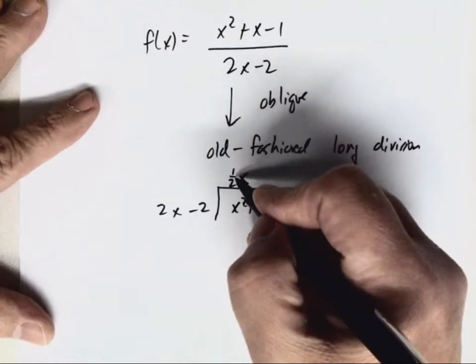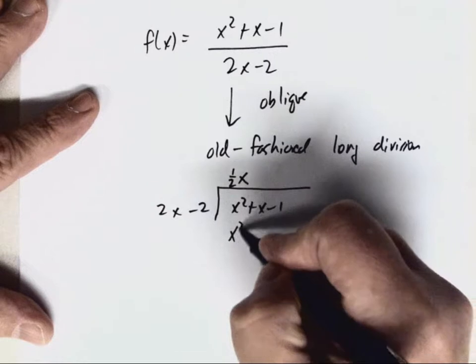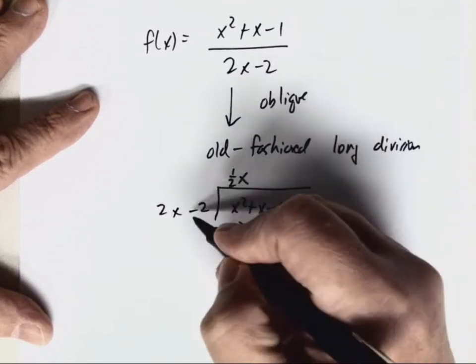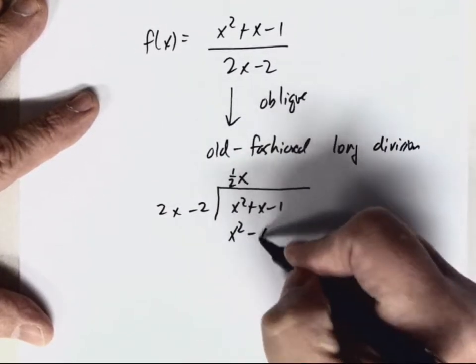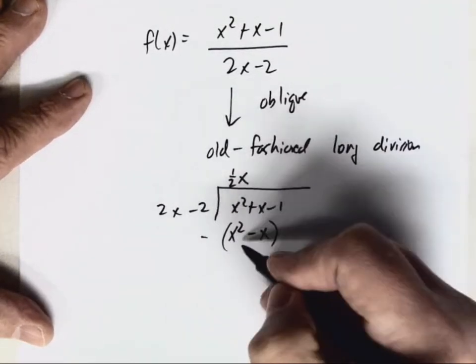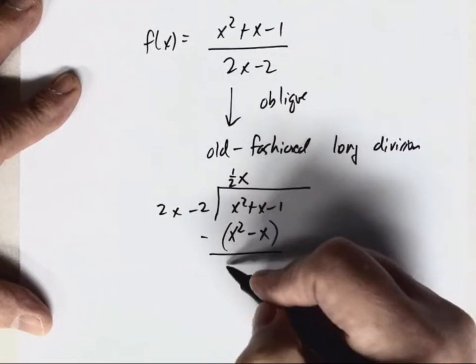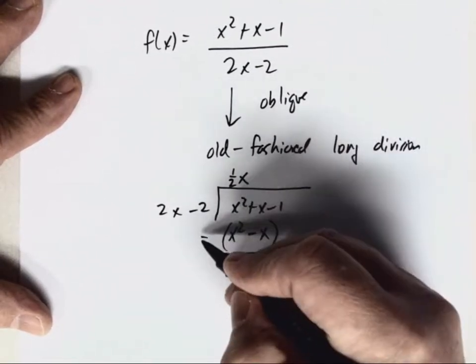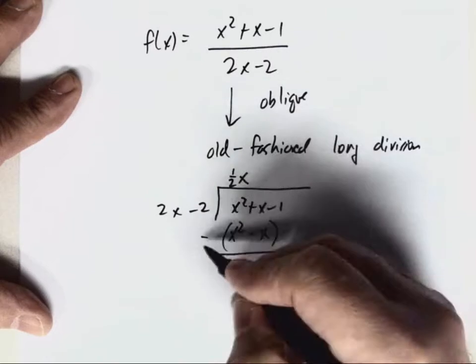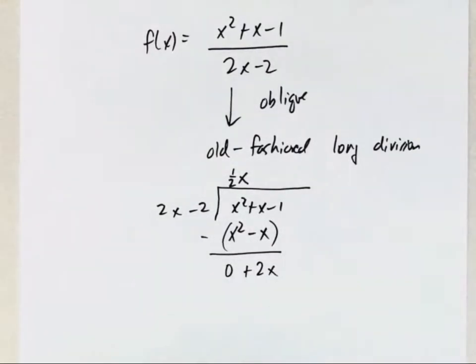Now I multiply this out: 1/2 x times 2x is x squared, and 1/2 x times negative 2 is negative x. And remember, in division you subtract that. x squared minus x squared is 0. x minus a negative x, x plus x, is 2x.